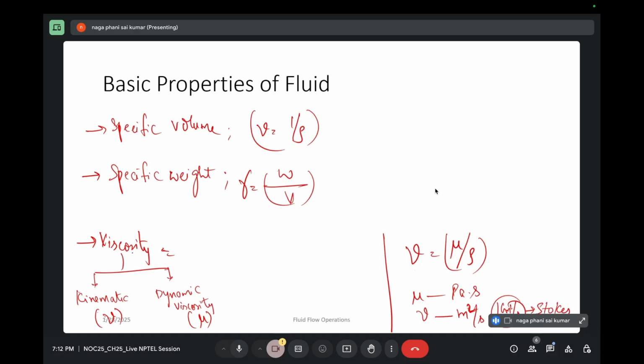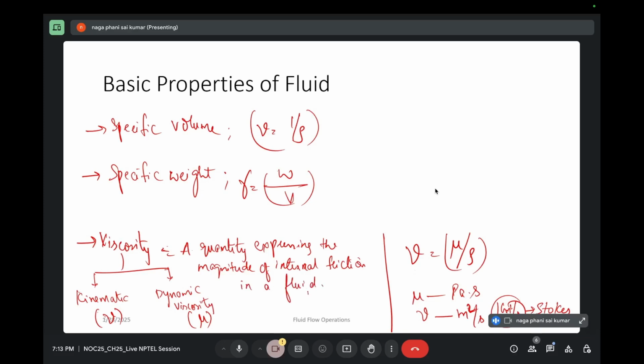Coming back to this, viscosity is nothing but a quantity expressing the magnitude of internal friction in a fluid.